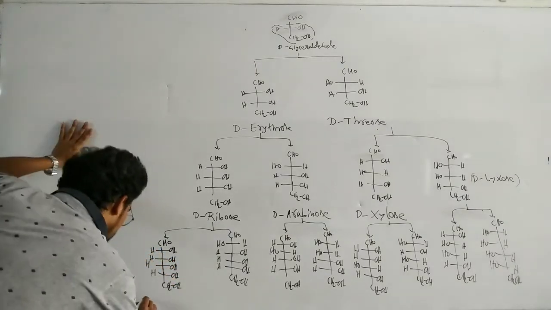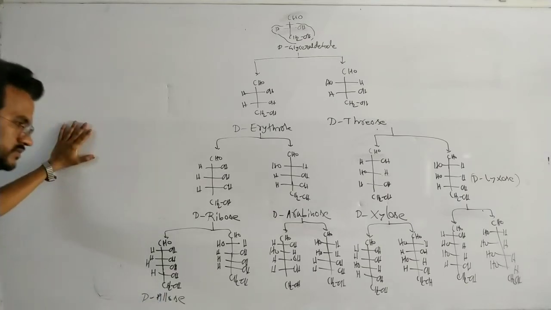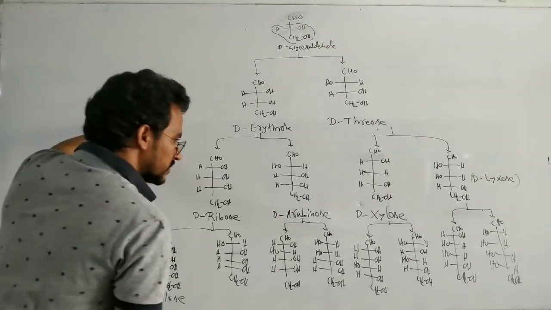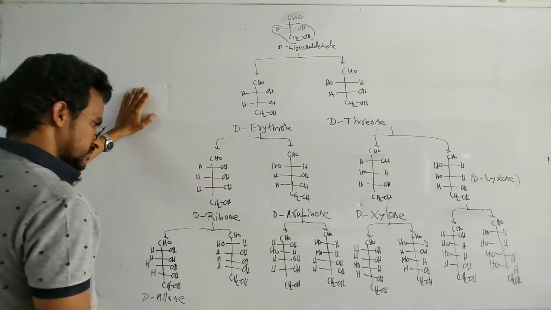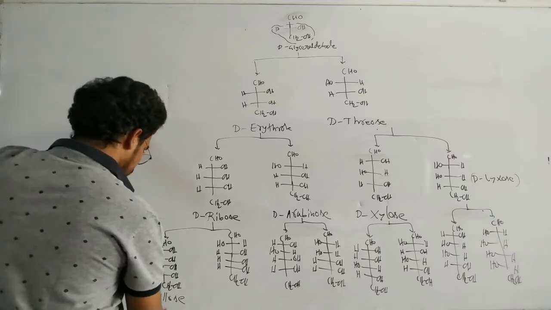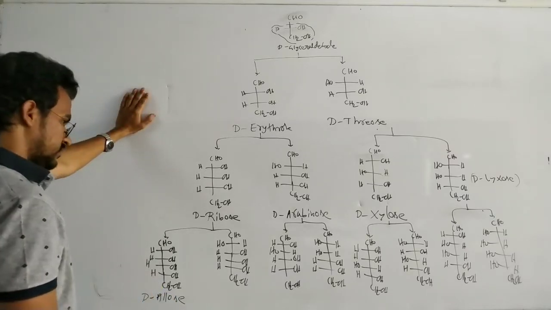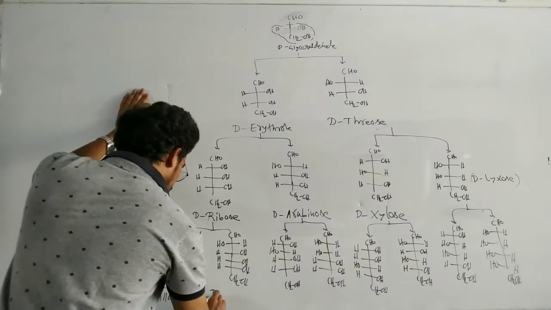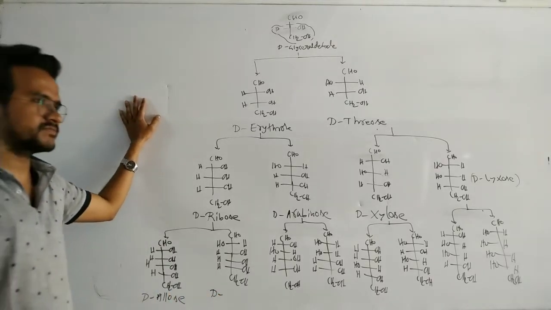Okay. This is D-allose. D-allose. Okay. Allose. This one. This is altrose. Allose.